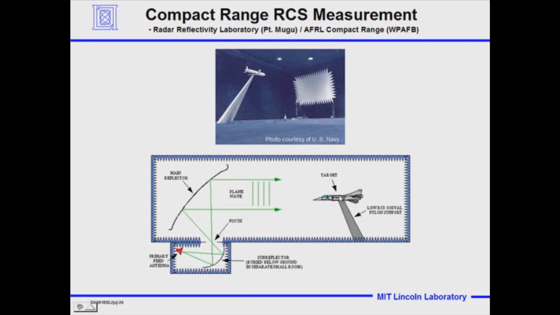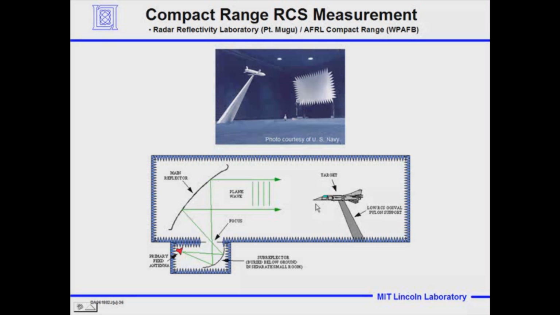Now, there are a number of reasons you want to have these compact ranges. The first of which is you can operate them in any weather, inside, and it's under very nice controlled conditions. And you can also use these compact ranges on subscale models.